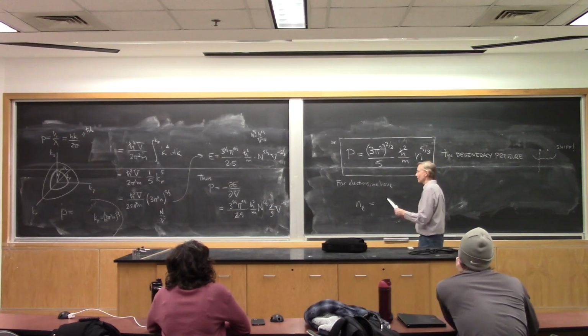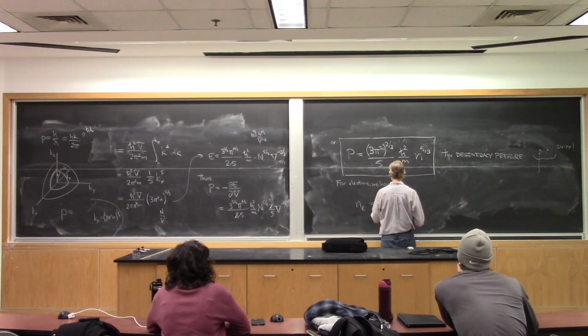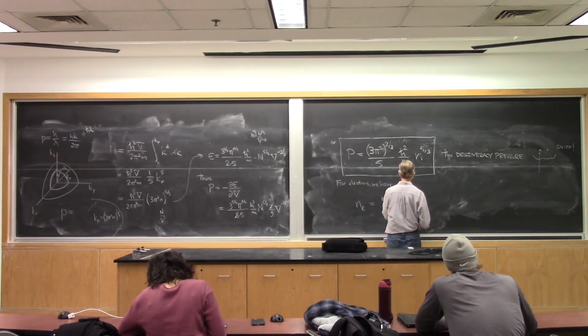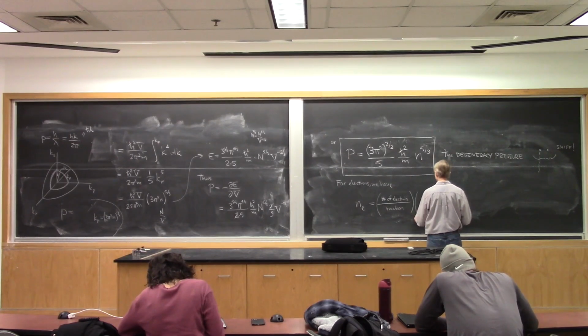Let's just pretend it's all coming from carbon, for example. In general, it would be the number of electrons per nucleon times the number of nucleons per unit volume.